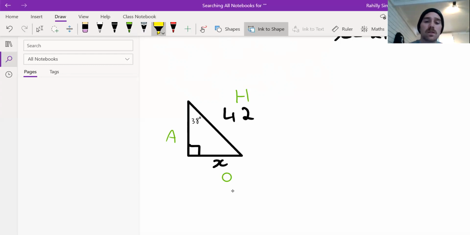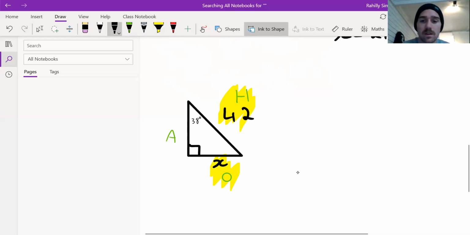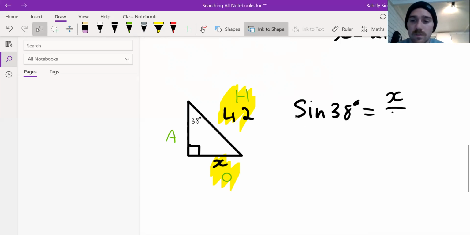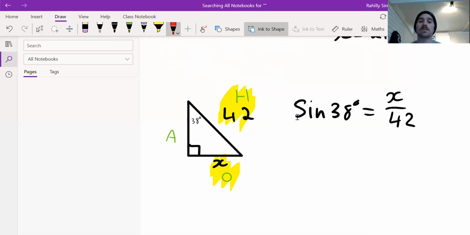We're going to use H and O, so that would be SOH, which is sine. So sin 38 equals x over 42, because it is opposite over hypotenuse. Again, all we need to do to solve this is bring this 42 to this side and multiply.